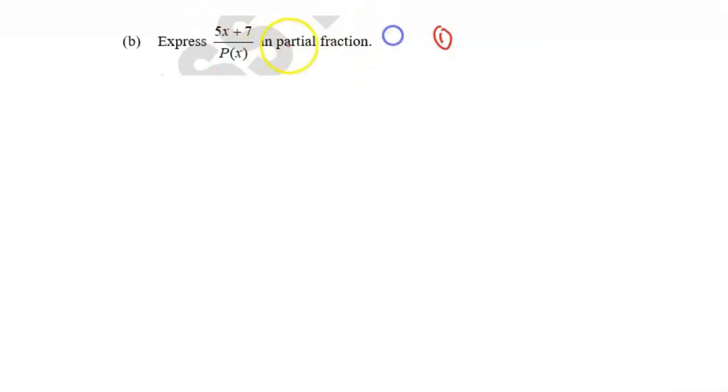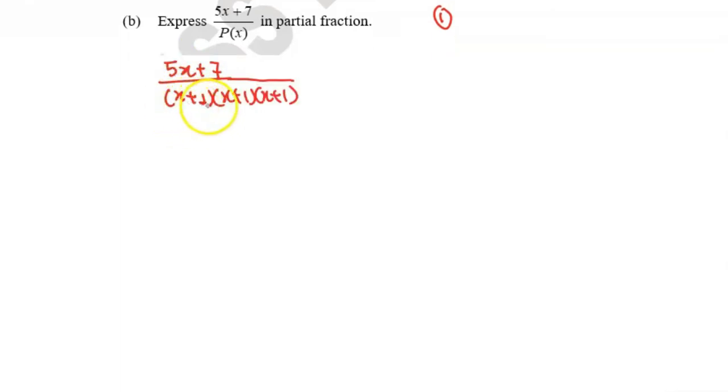First step, check this fraction, is it proper or not. Therefore, we will substitute 5x plus 7 over the polynomial, which will be x plus 2, x plus 1, x plus 1. So we will substitute the factor form of our polynomial.